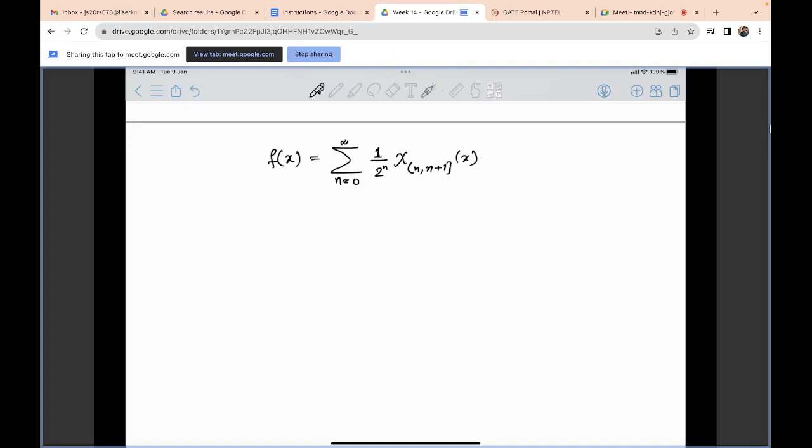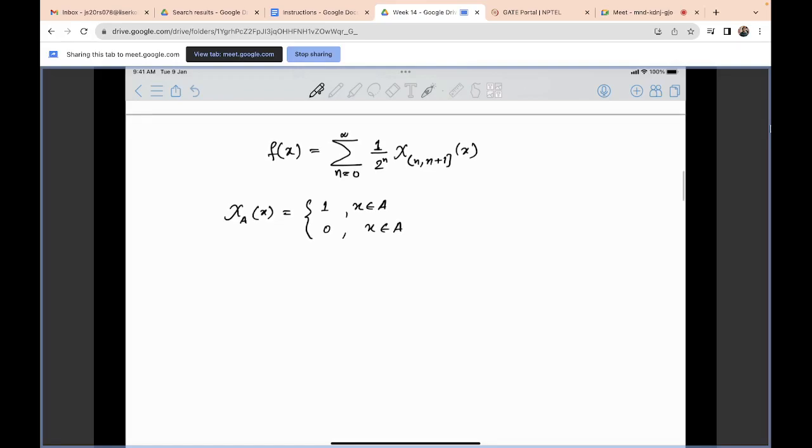What does this mean? The characteristic function means whenever x belongs to this interval, this gives 1. Basically, the characteristic function of any set A at x is 1 if x belongs to A and 0 if x does not belong to A. So this is the definition of the characteristic function.